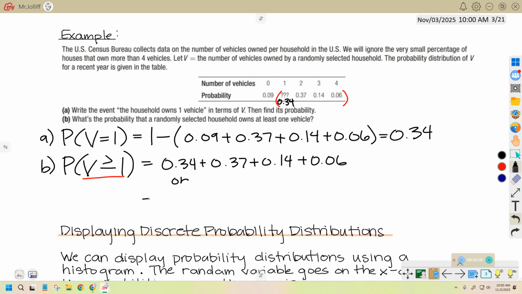Or how else could I do this? Yes. This is 1 minus P, V equals 0. 1 minus the only thing I didn't circle. And that gets me the answer a lot faster because I'm pretty sure that's 0.91. And I can do that subtraction in my head faster than I can do the 4 additions.